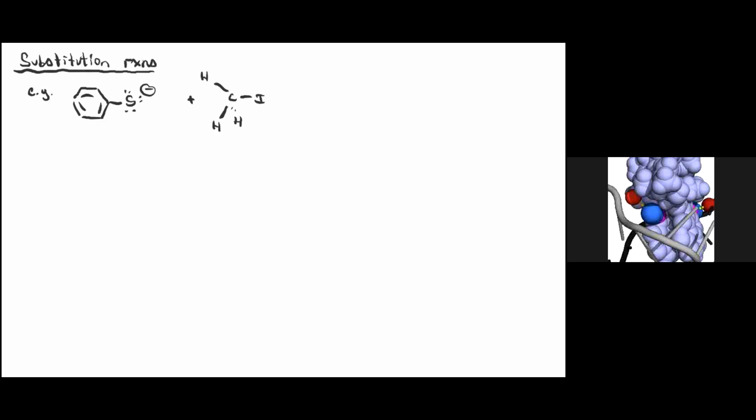The species on the left is what's known as benzene thiolate. And the species on the right is methyl iodide.